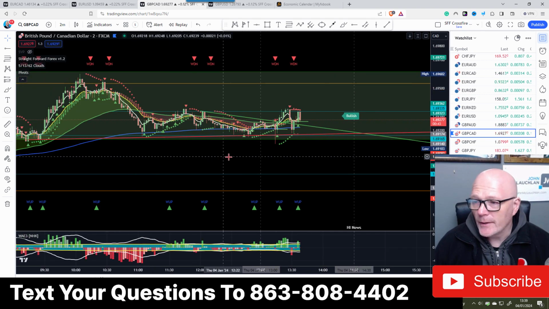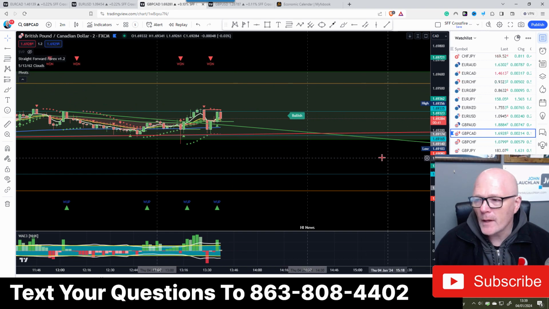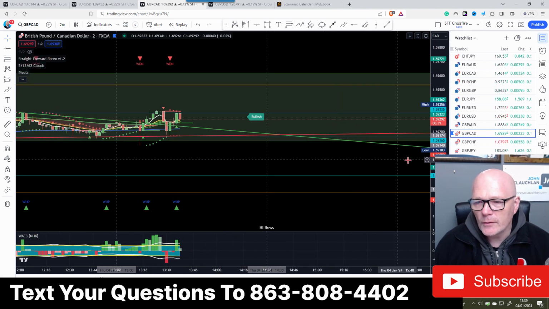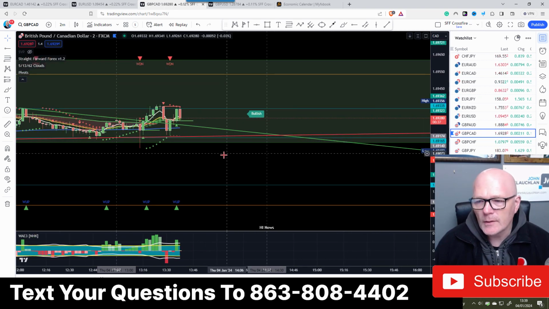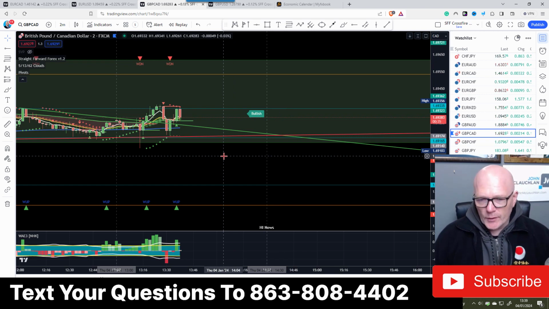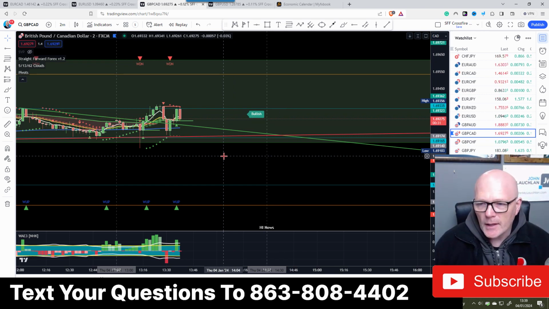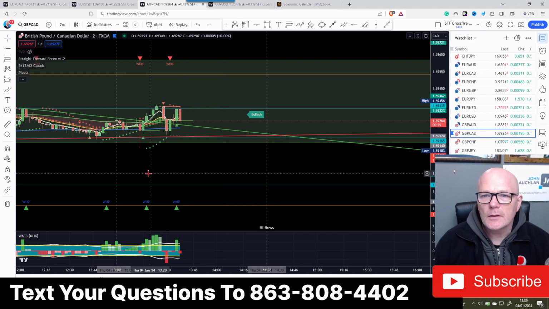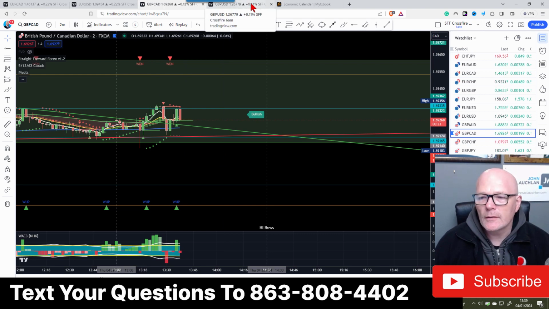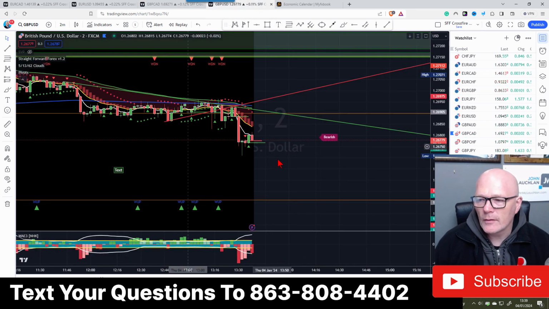And the more you do it, the more you'll get used to it, and the more confident you'll get putting these lines on. Instead of just being random lines on your chart, they actually start to form part of the story of what's happening on the charts, because there is always a story, whatever it is.